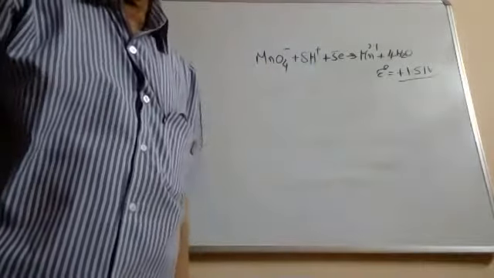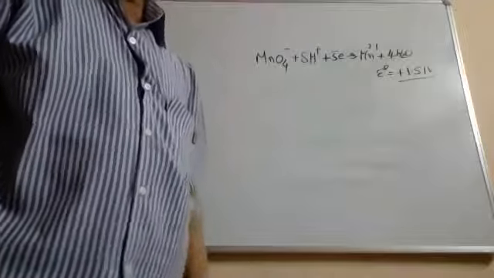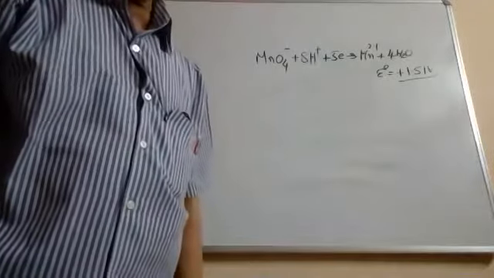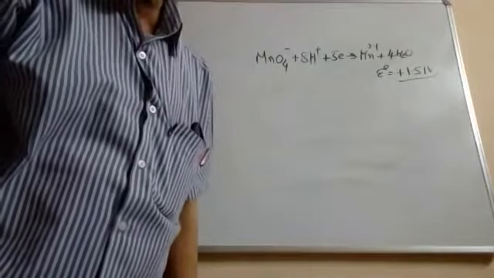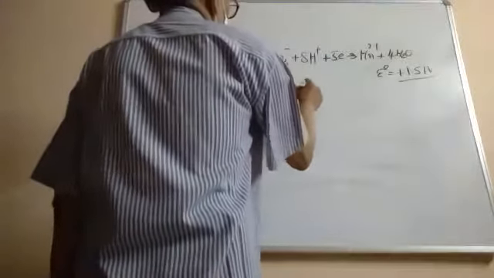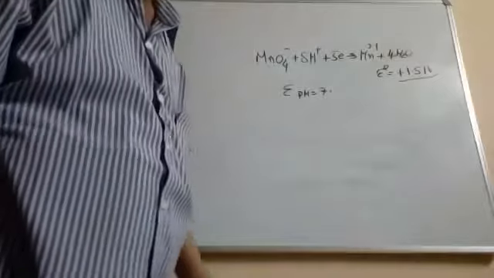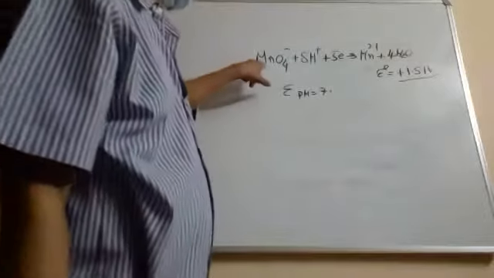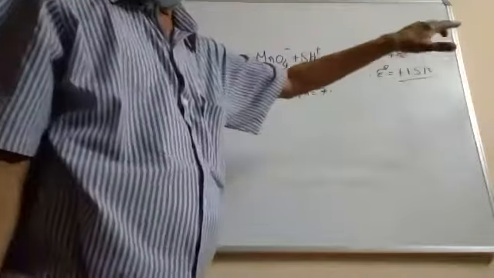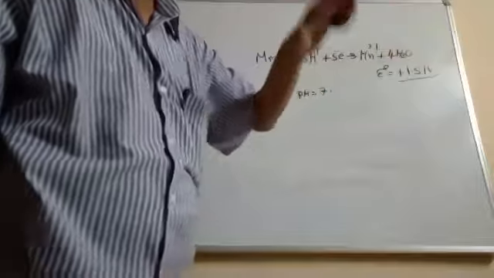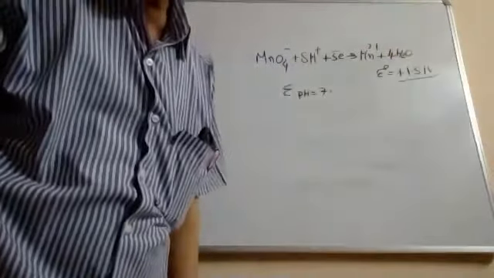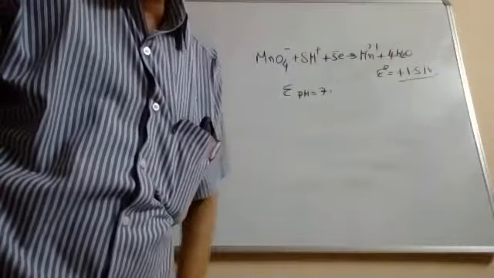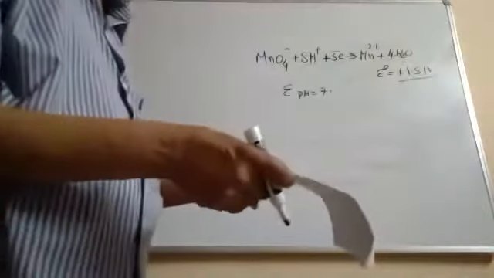But what they won't tell you is what happens when the pH is not 0. What if the pH is 7? So how do we calculate the potential at pH 7? We'll assume in all these calculations that everything else remains at 1 molar except the protons, because you're doing the reactions in water at pH 7. So how do we set this up?